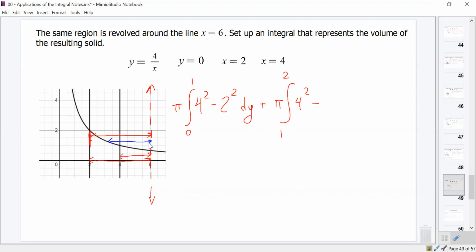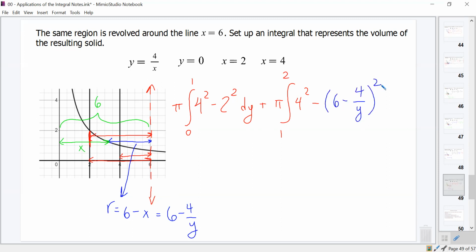And since we know that from the function to the x-axis is x, and the whole distance here is 6, this inner radius ought to be 6 minus x. And since we know that x is 4 over y, our inner radius should be 6 minus 4 over y. And then we'll square that, add our dy in.